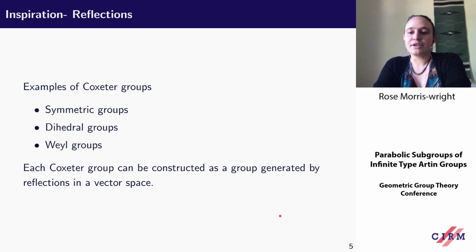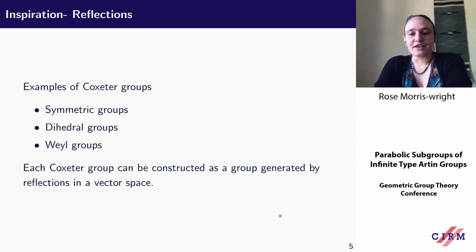Coxeter groups are really inspired by groups of reflections. You have that generators all being order 2, so you can think about those like reflections. Some examples of Coxeter groups include symmetric groups, dihedral groups, and Weyl groups for semisimple Lie algebras. You can think in terms of the symmetric group acting on complex space by permuting the axes.